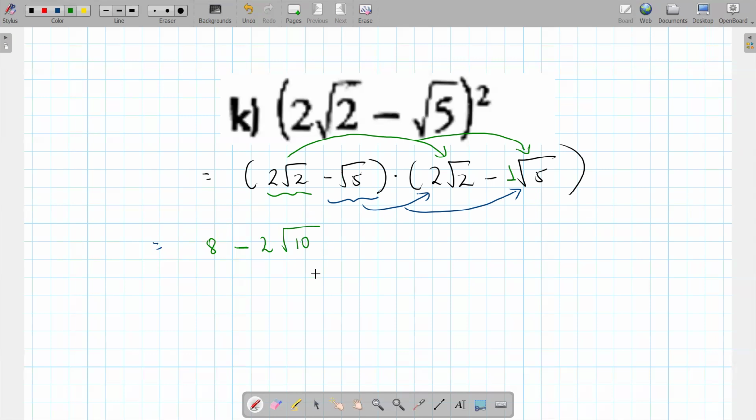What's the third term? Negative 2 root 10. Yes. And then the last term is just 5, or square root of 25, right? So the answer here would simply be 8 minus 5 is a 3. And what about these? When you combine them, what do you get?